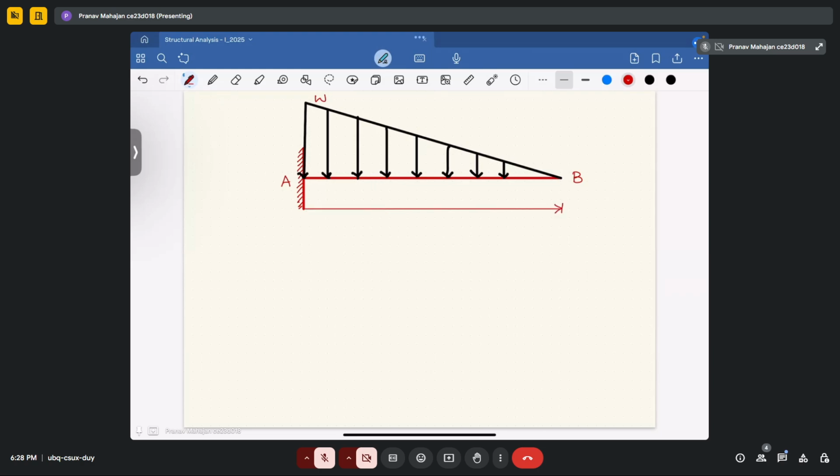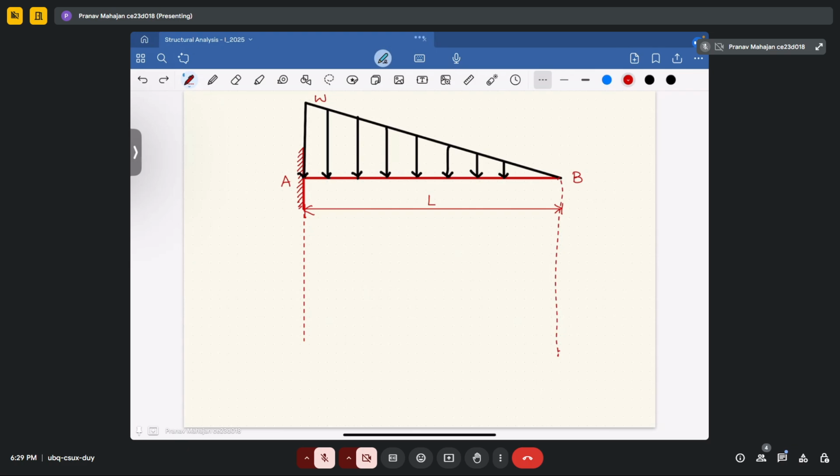Now we will again use the moment area method to determine the deflection at the free end. So let's draw the bending moment diagram for this case.